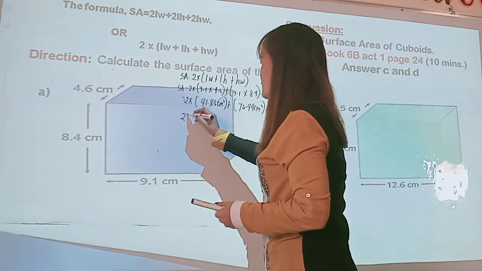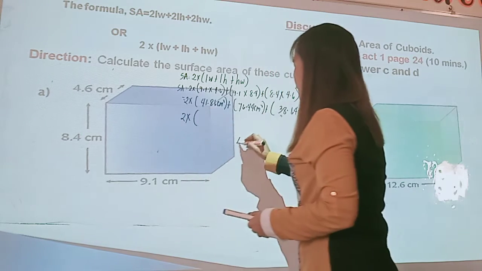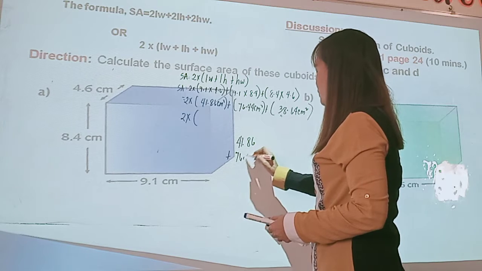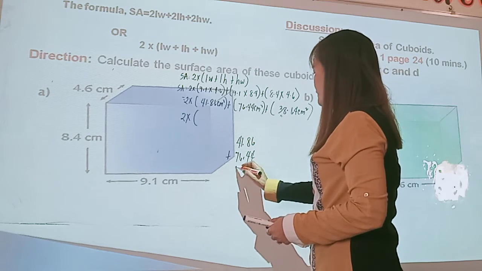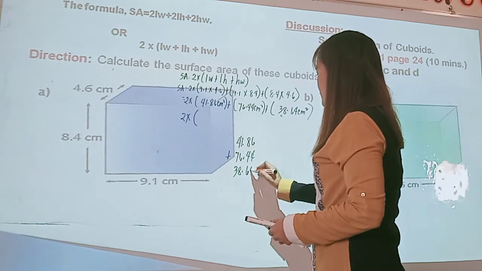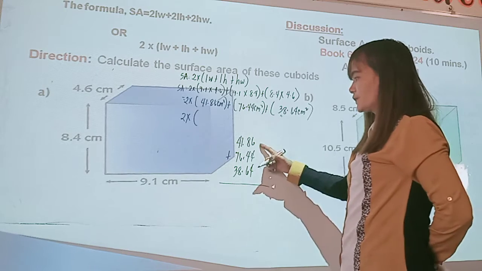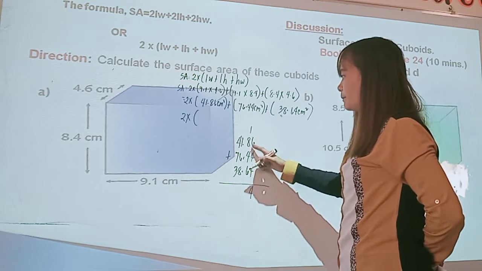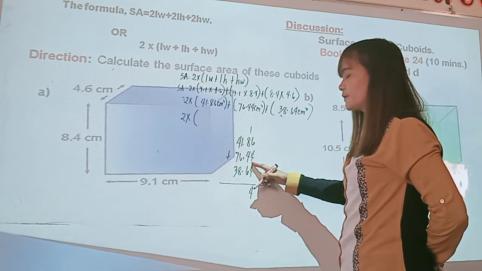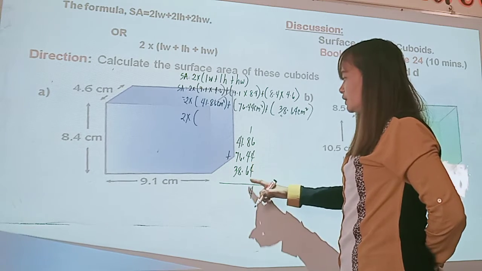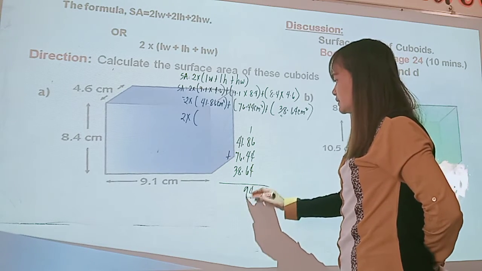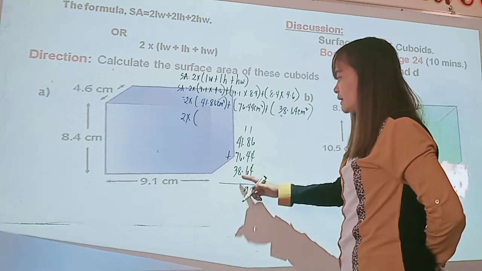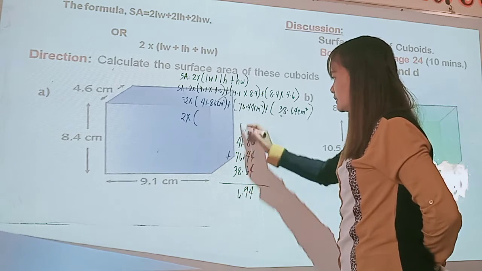Okay, now after multiplying the sides, we need to add all the sides together. Okay, so let us add. So we have 41.86 plus 76.44 plus 38.64. 6 plus 4 is 10 plus 4 is 14, carry 1. 1 plus 8, 9. 9 plus 4 is 13. 13 plus 6 is 19, carry 1. 1 plus 1 is 2 plus 6 is 8. 8 plus 8 is 16, carry 1.